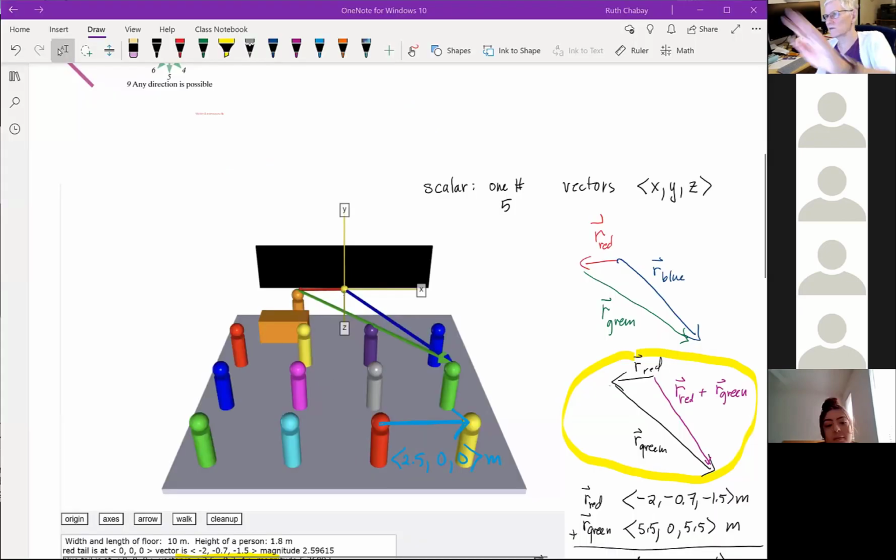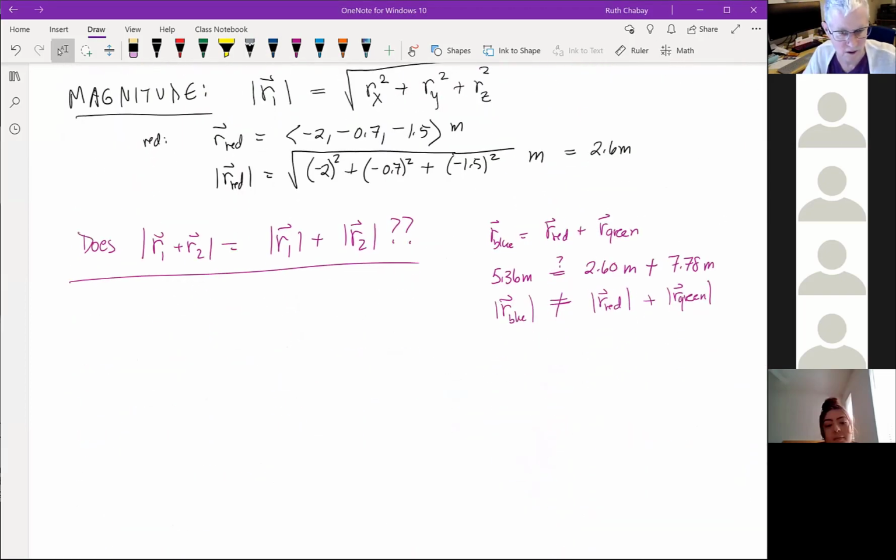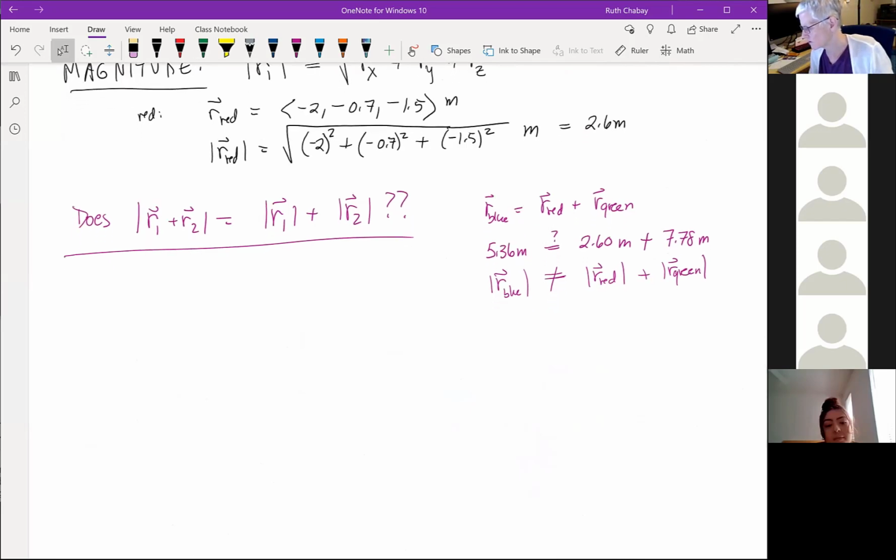Okay, we have one more thing we need to establish here. We've got vectors and we've got magnitudes. How would we make a vector twice as long as another vector? Suppose we have a vector R1, which is 1, 2, 3 meters. To make a vector twice as long, we could multiply by a scalar.